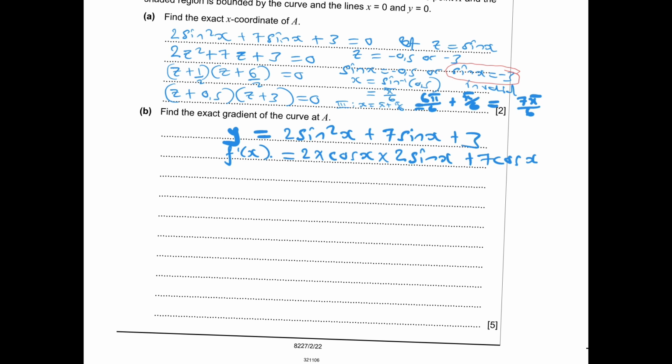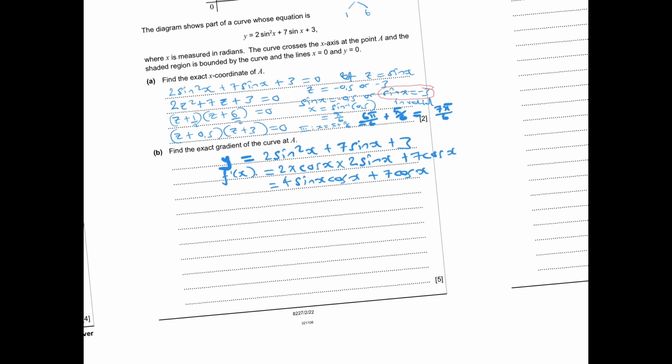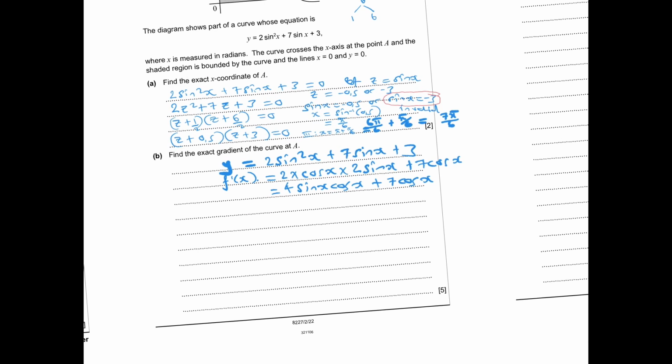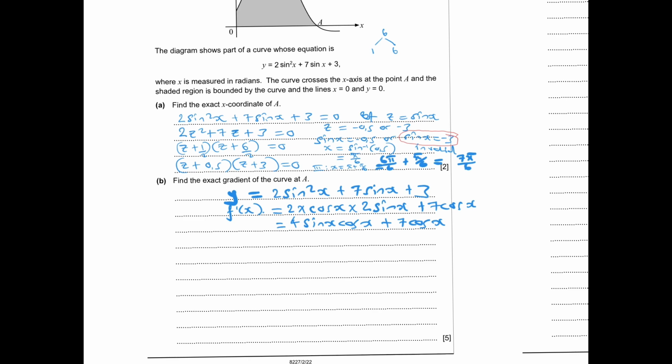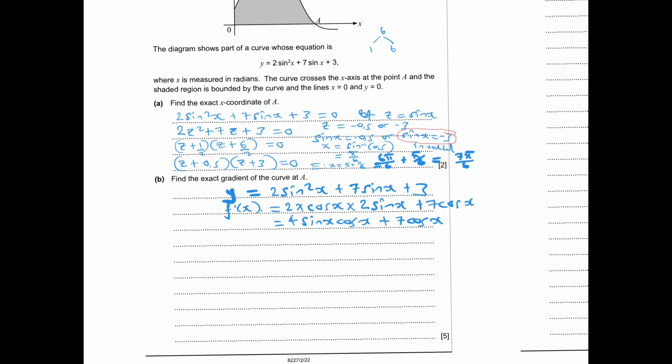Now, simplifying that further, what are we going to have? We are going to have 2 cos x times 2 sine x. That will give us 4 sine x cos x plus 7 cos x. So that is actually our derivative, the general gradient of that curve there. But what we want is just the gradient at point A, of which at point A we know that x is equal to 7 pi over 6.